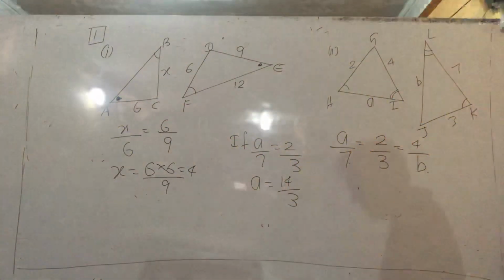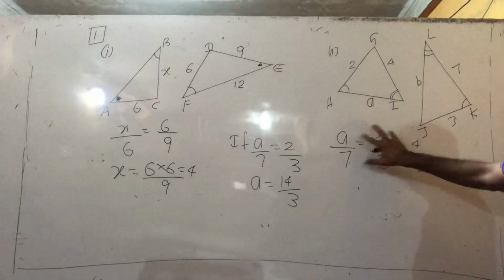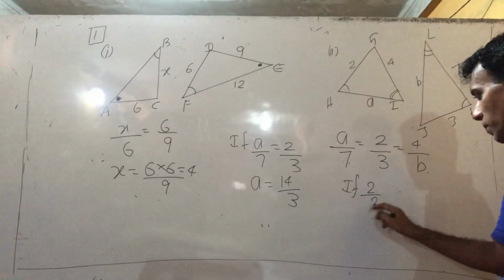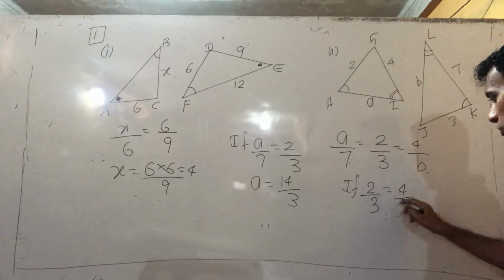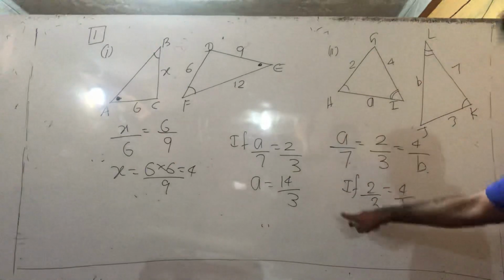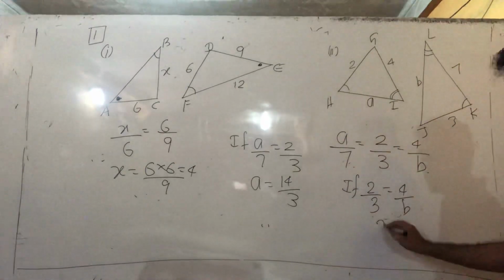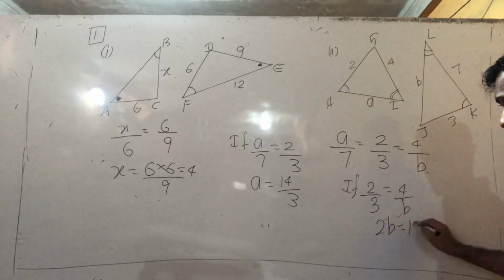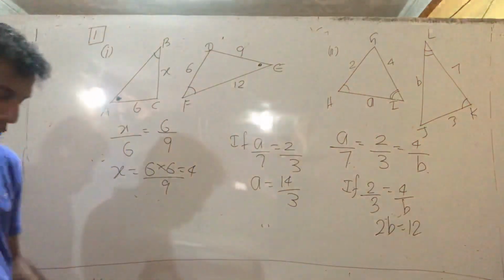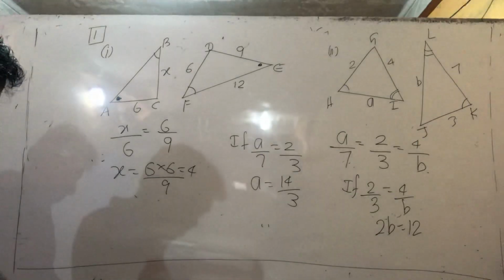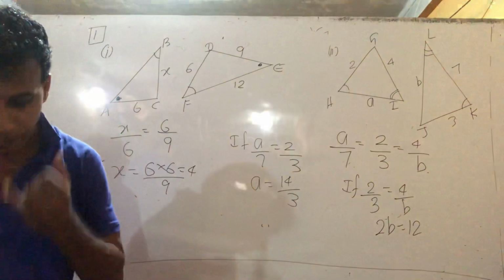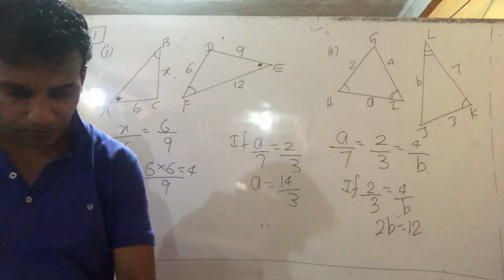Then take this 2: if 2 over 3 equals 4 over B, cross multiply. 2B equals 12, so B is 6, right? So I hope you can work all the other questions, number 3 and 4, with the same method, right? Same method, they marked here.